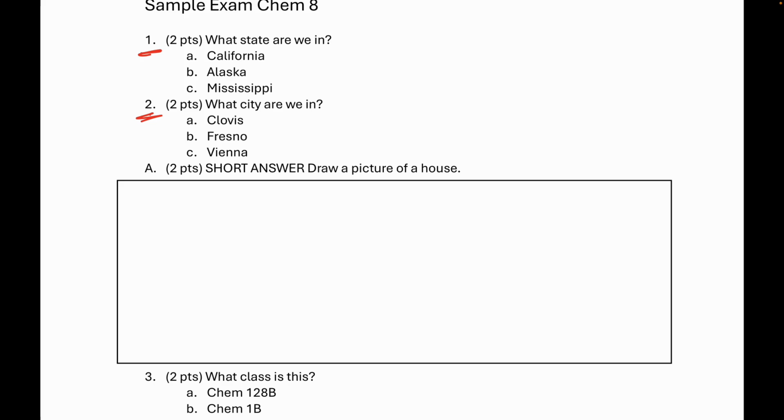But this is an organic chemistry class, and so drawing your structures is really important as well. So there will be some questions that are labeled short answer, and you're going to draw your structure in the box provided. To not mess up the numbering of your Scantron, those questions will be lettered instead of numbered.